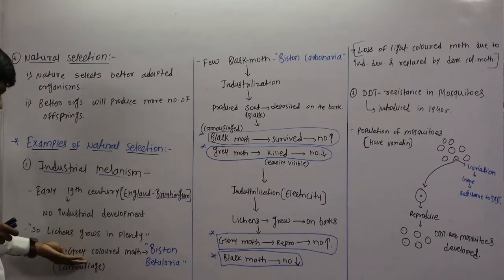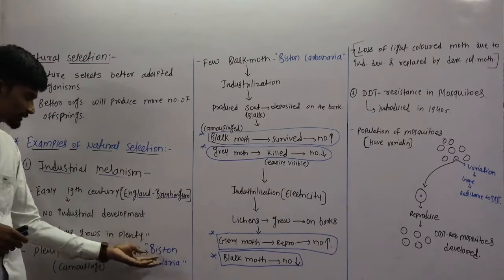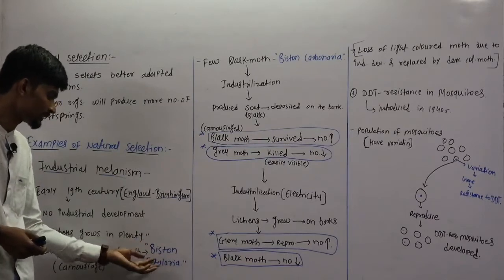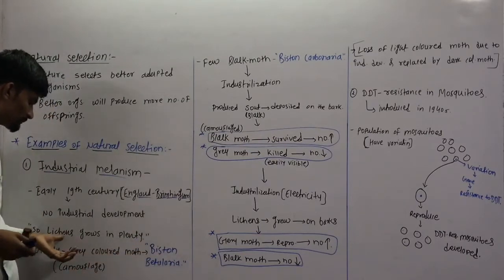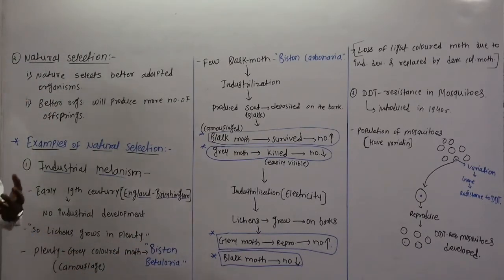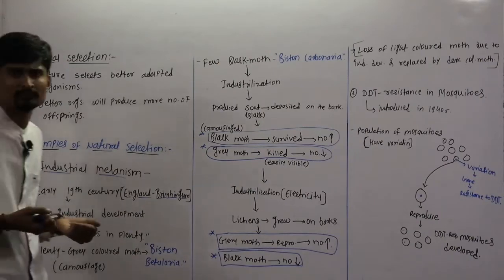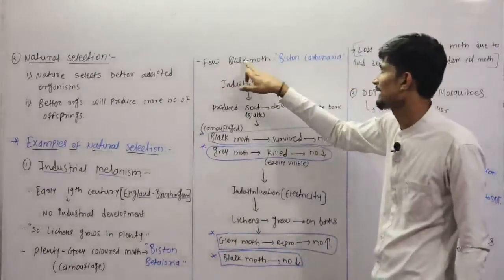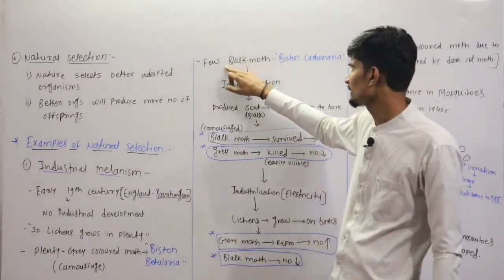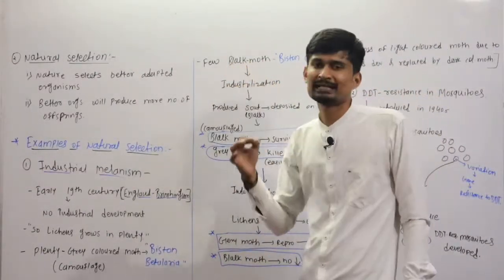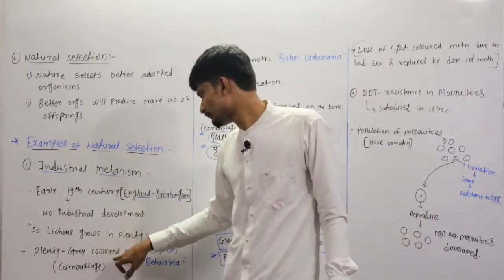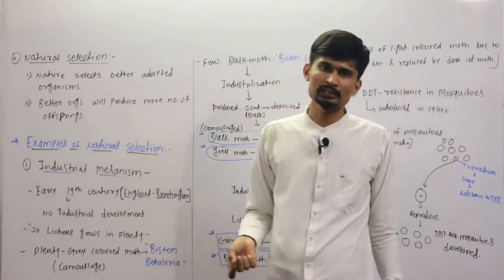The color of these grey moths, scientific name Biston betularia, is similar to lichen. So they easily camouflage themselves from the predators. And there are few black moths, which are less in number, while grey moths, Biston betularia, are more in number.